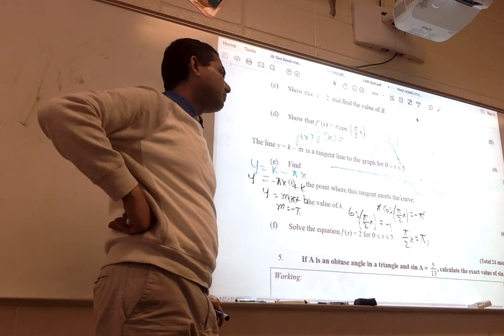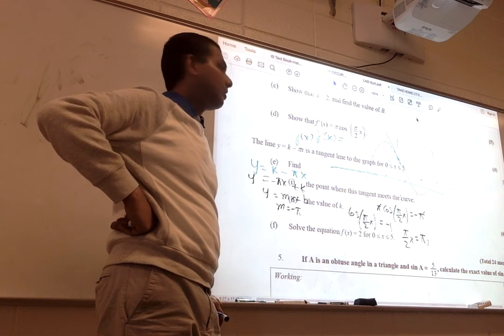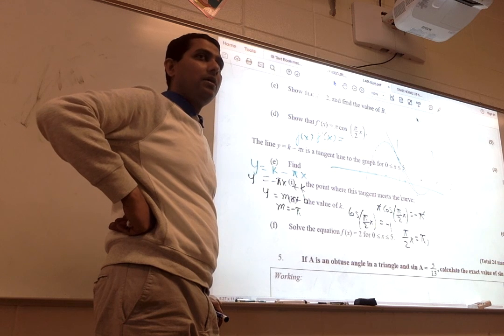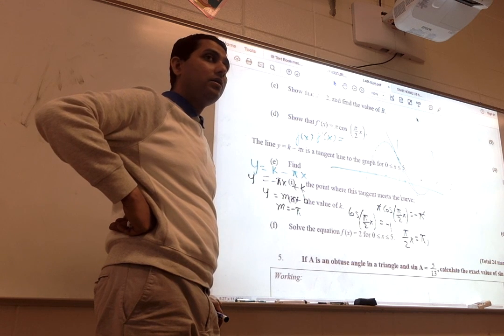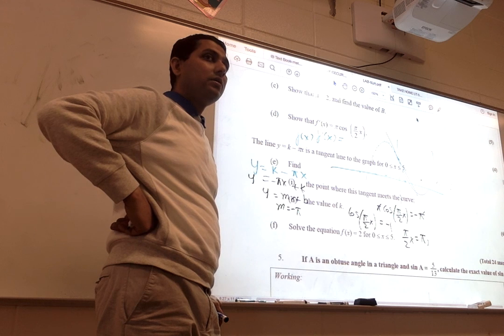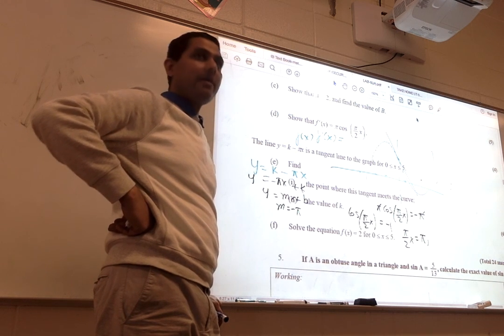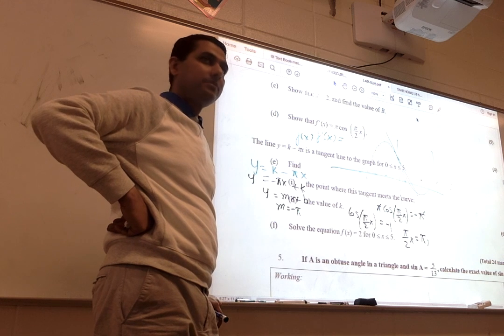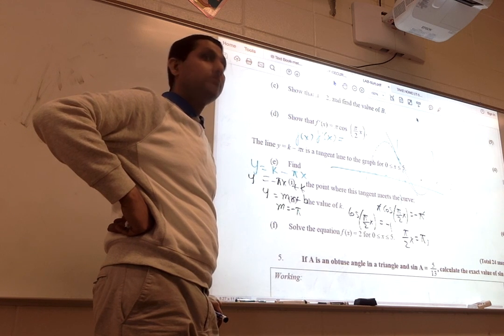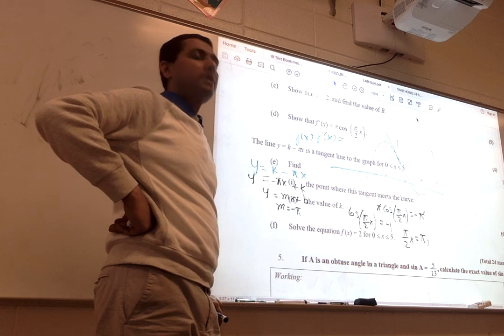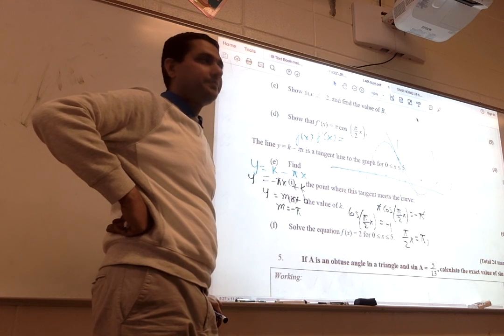Oh, so are we finding what theta is, where cosine of theta equals negative 1? Like, cosine of what equals negative 1? That's right. Oh, so cosine of pi equals negative 1, so the inside is equal to pi. That's right. Exactly.